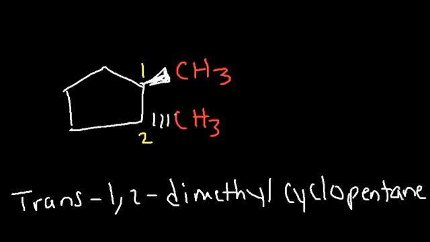So now let's move on into bridge bicyclic compounds. So let's say if we have a structure that looks like this. How would you name it? So these tertiary carbons in red are the bridgehead carbons. The reason why they're tertiary is because each of those carbons are attached to 3 other carbon atoms.